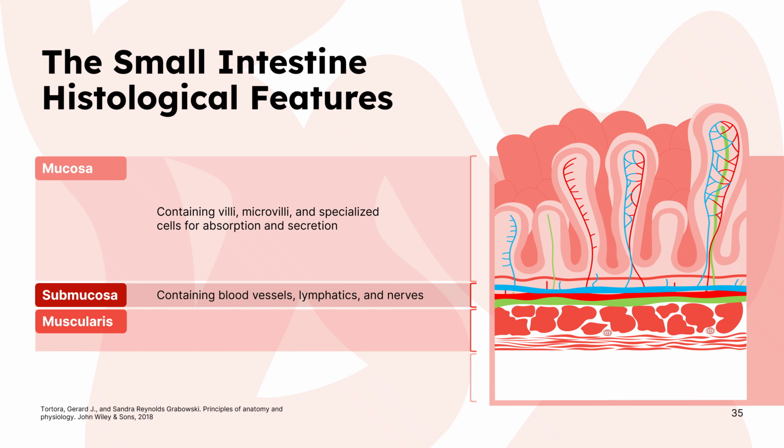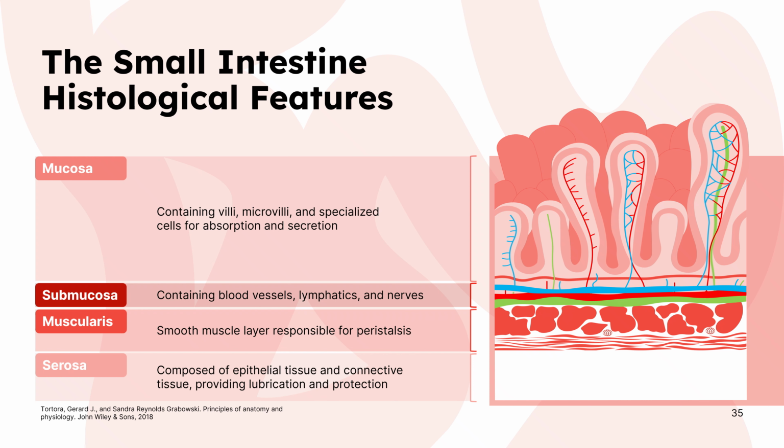The muscularis. Comprising of smooth muscle, it is essential for peristalsis. The serosa. The outermost layer, composed of epithelial and connective tissue, provides lubrication and protection for the small intestine. Each of these layers contributes to the small intestine's efficiency in processing and absorbing nutrients.